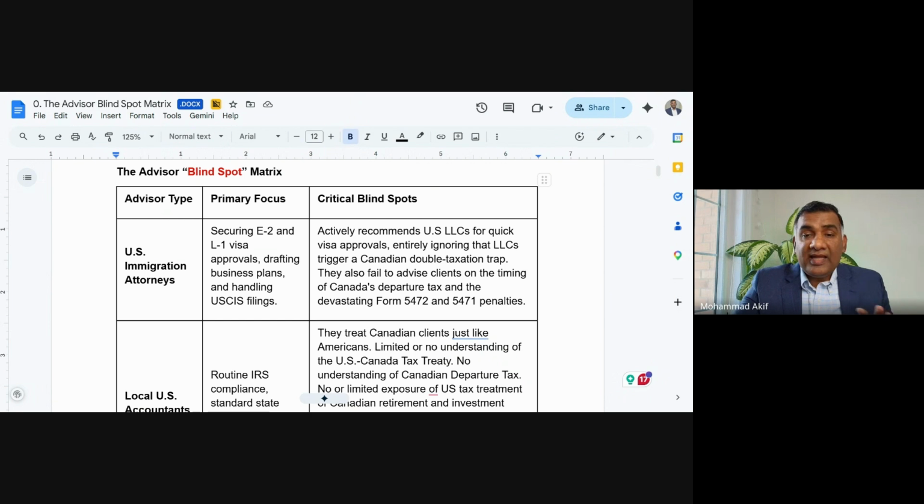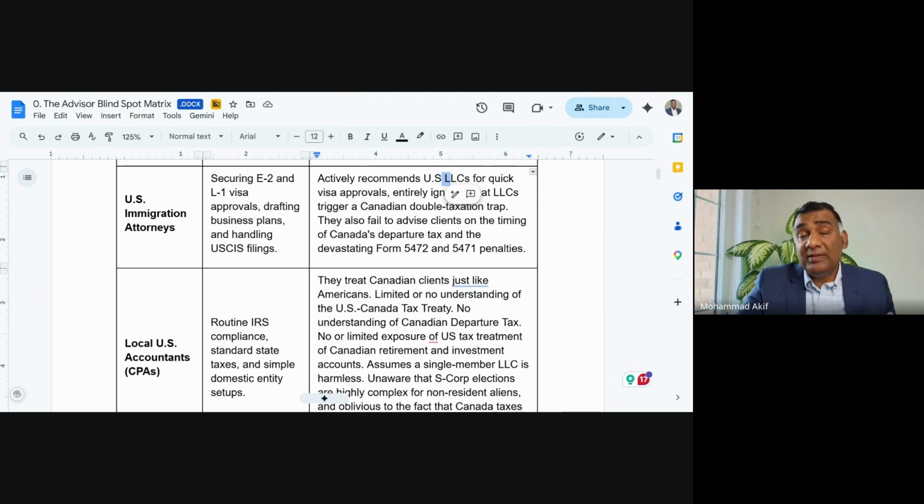They will tell you, hey, LLC is the best way, quickest way, the safest way. But they're not understanding that this can lead to double taxation on the Canadian side. They have no idea about this. They don't know about the reporting requirements for a non-US person, a non-US tax resident with a 100% ownership of a US LLC. There are penalties for those forms, $25,000.